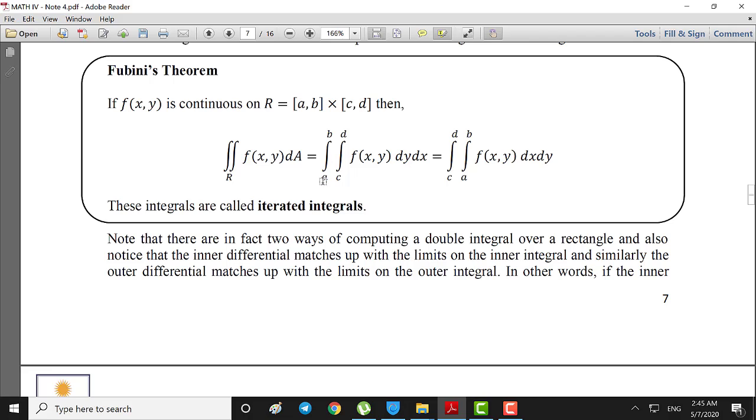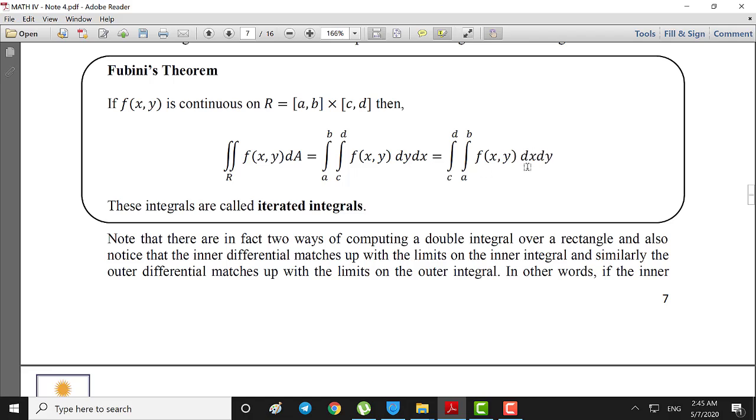The integration from a to b, integration from c to d of f of x and y dy dx is actually equal to the integration from a to b dx of this integration, and the integration from c to d of the integration from a to b of f of x and y dx dy can be treated like this.